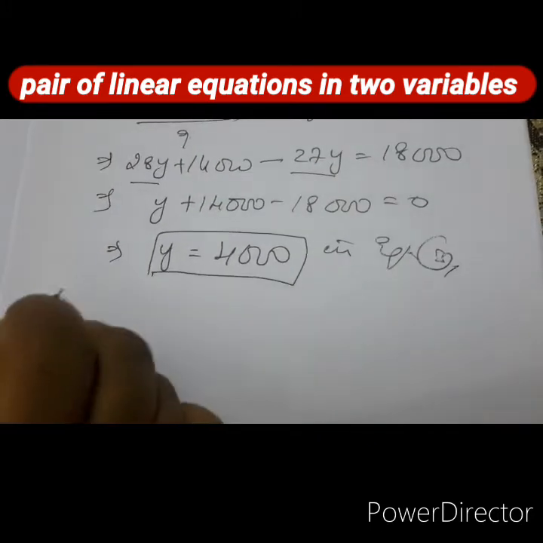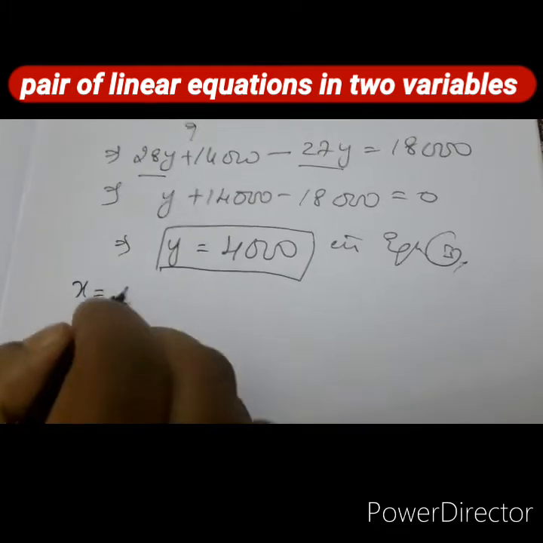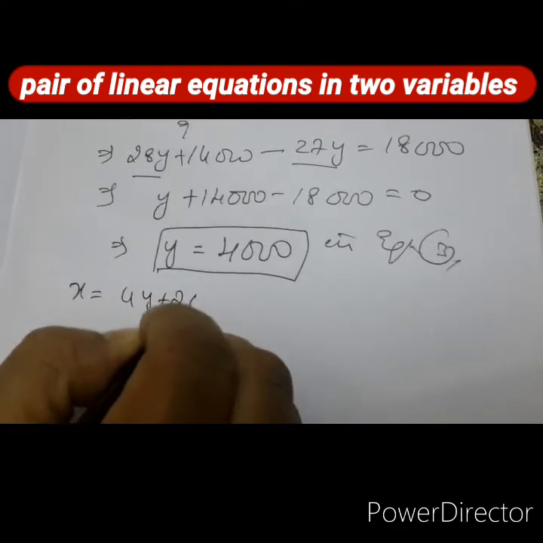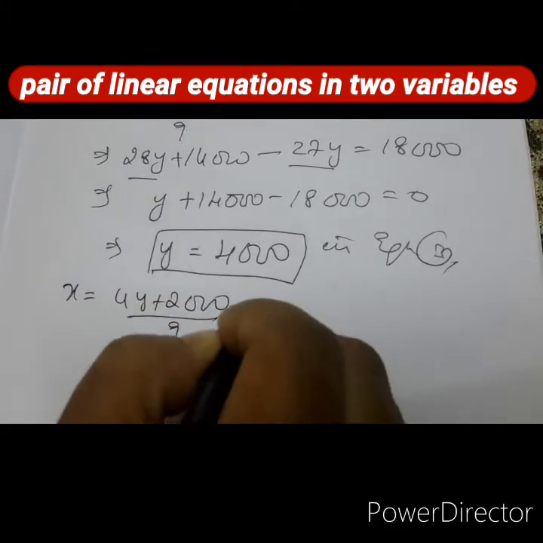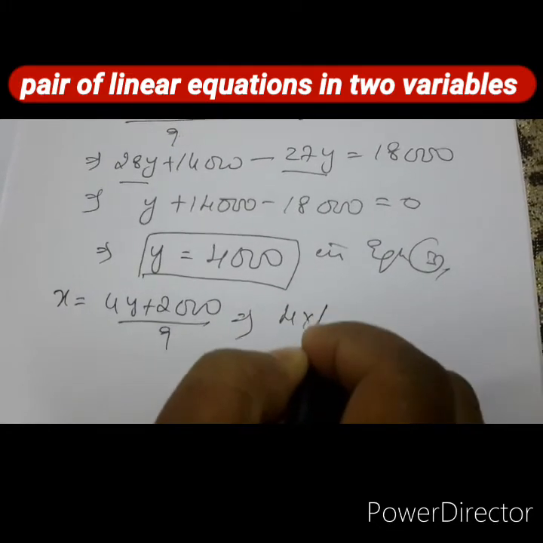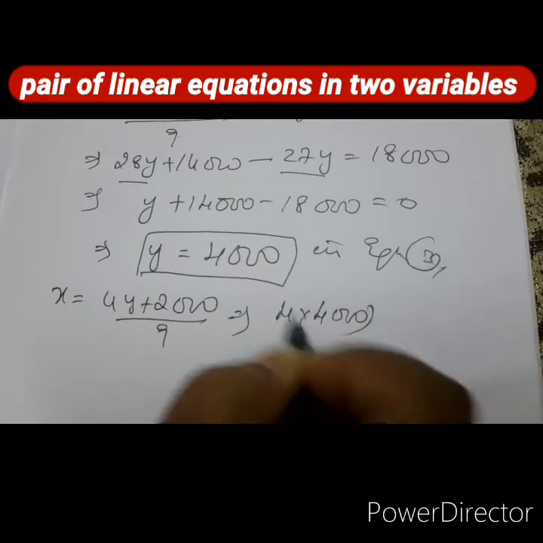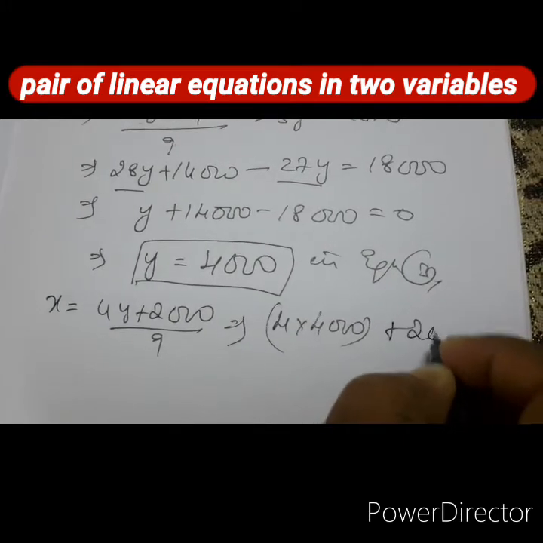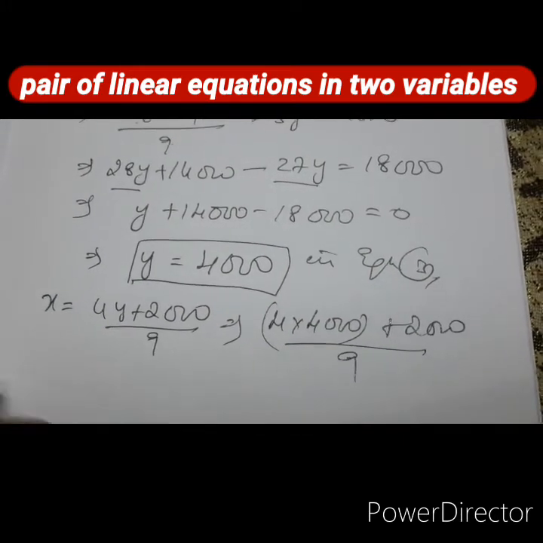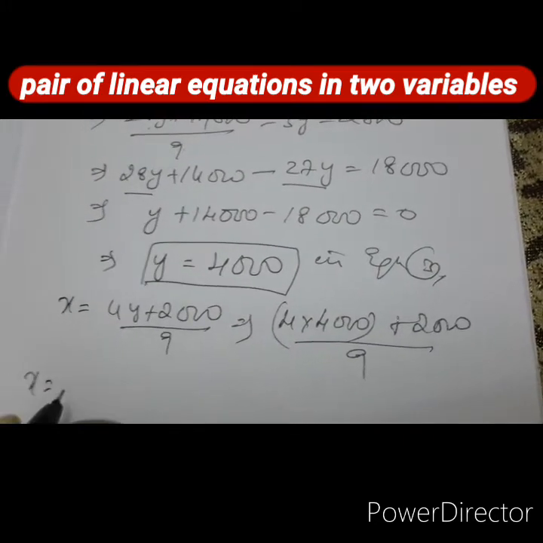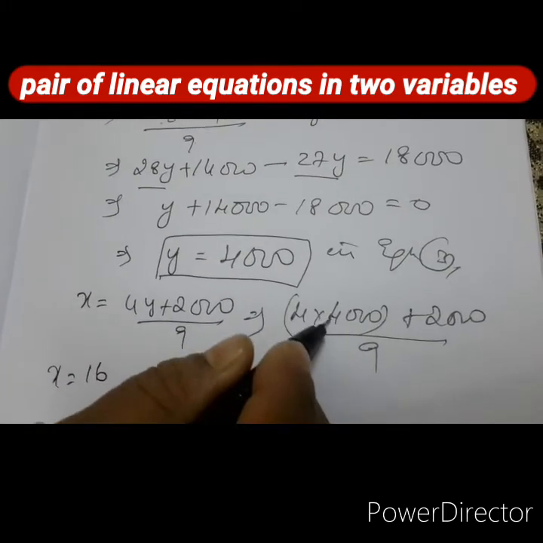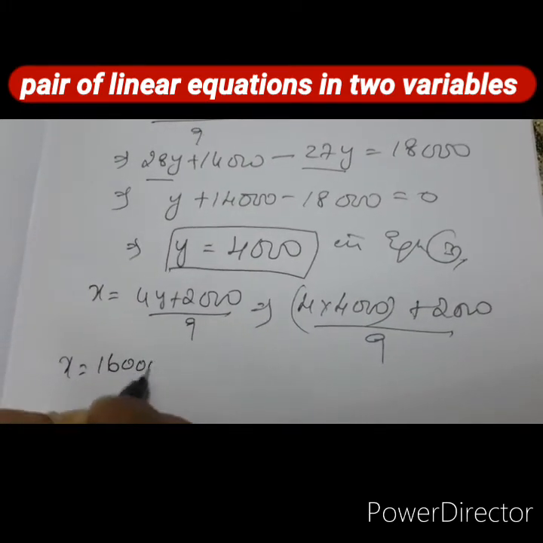If you substitute in equation 3, you will get the x value. X equals 4y plus 2000 divided by 9, that is 4 into 4000 plus 2000 divided by 9. 4 into 4000: 4 4s are 16, with 3 zeros.